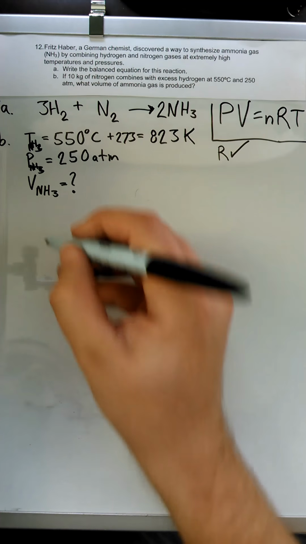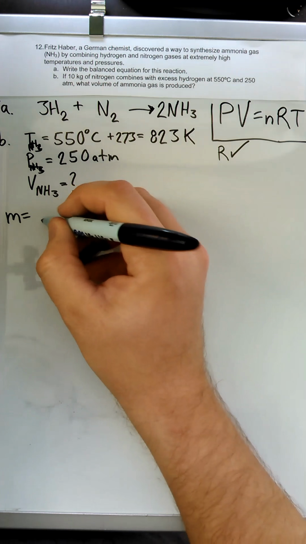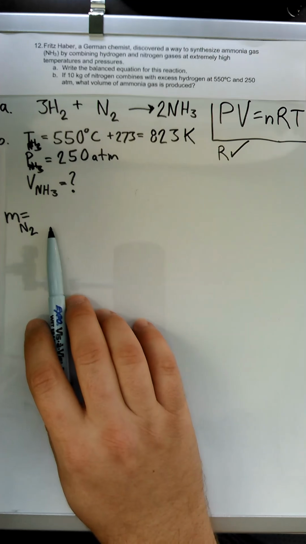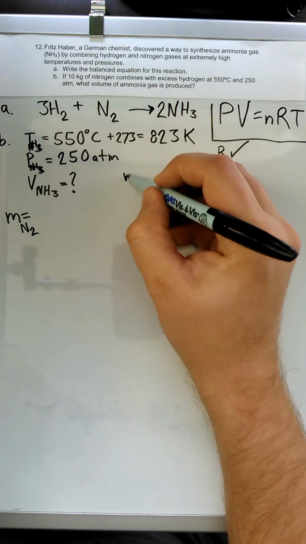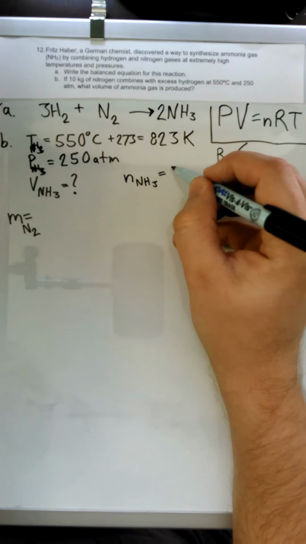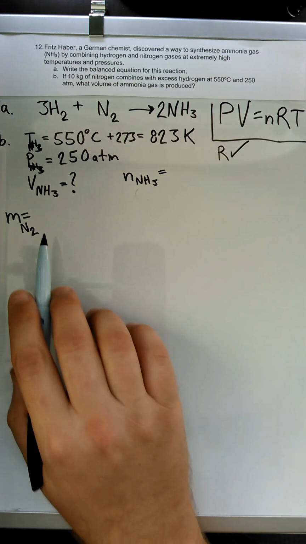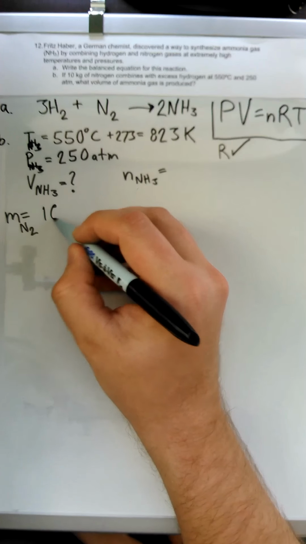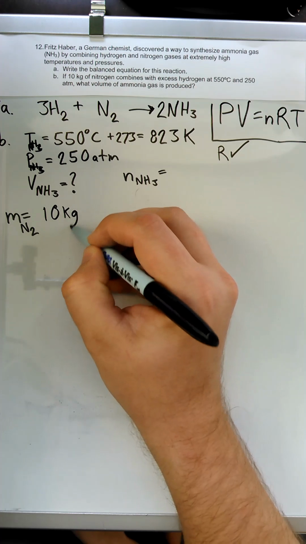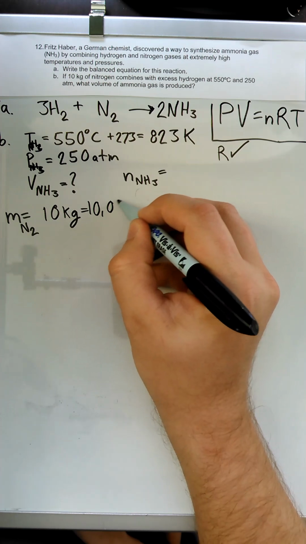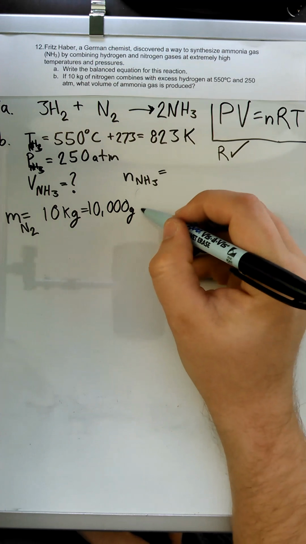Okay, so we're given a mass of nitrogen. We need to find moles of ammonia. So to convert mass of nitrogen to moles of ammonia is where our stoichiometry is going to come into play. Okay, so our 10 kilograms we can convert first to 10,000 grams of nitrogen.